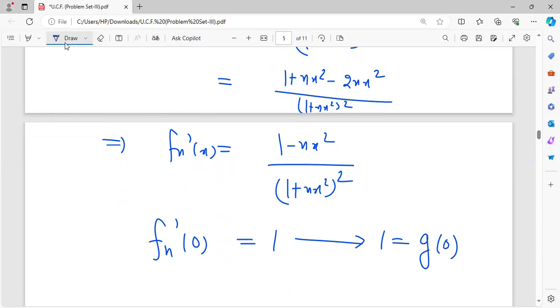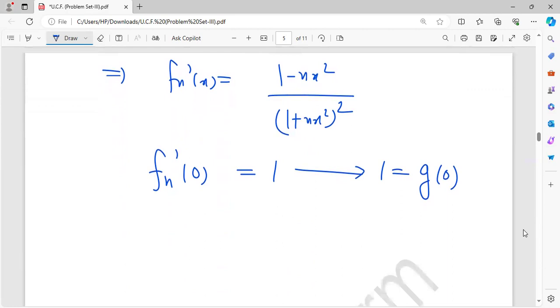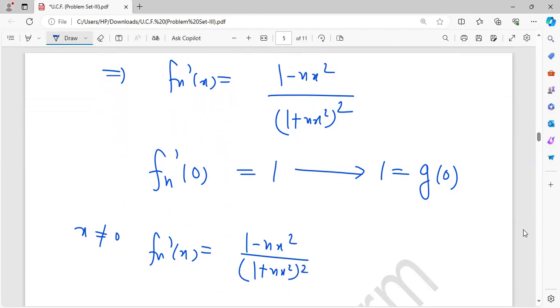Now what about if x is non-zero? If x is non-zero, then what is Fn dash x? 1 minus nx square over the denominator. You can check that this tends to 0. It means g of x is 0. This limit tends to 0, you can check. Okay, so this is g of x.